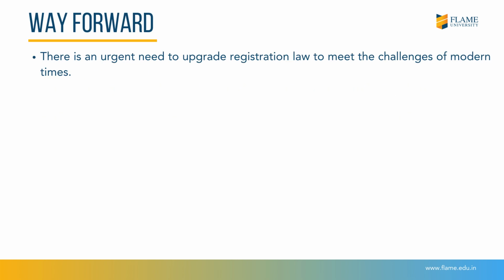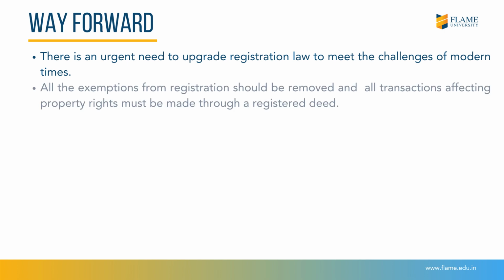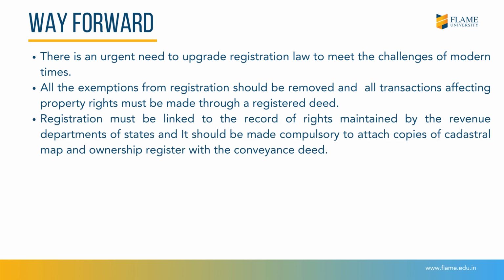I would mention here a few changes in the law which can greatly strengthen our registration system. First of all, the exemptions from the registration should be removed. All transactions affecting property rights must be made through a registered deed. This will ensure that registry records have a complete picture of the rights in the property. Next, registration must be linked to record of rights maintained by the revenue departments of the states.